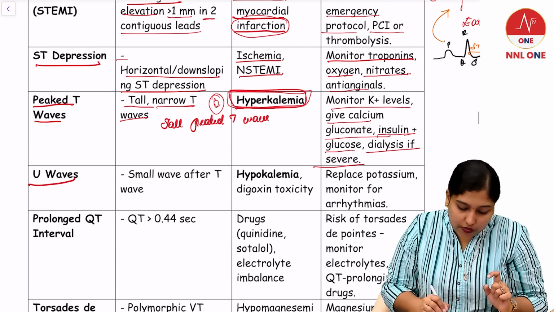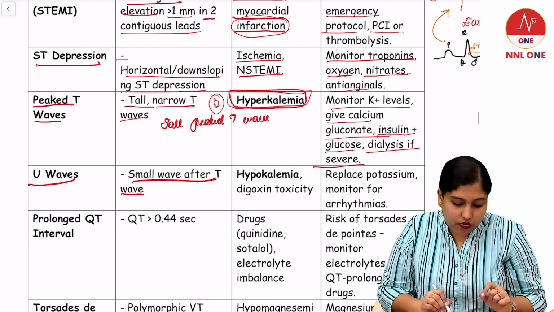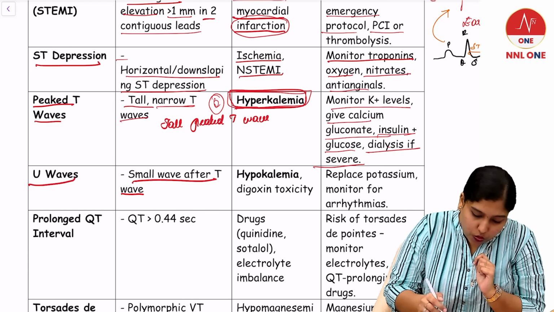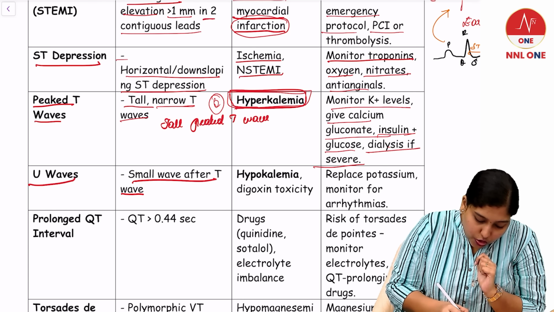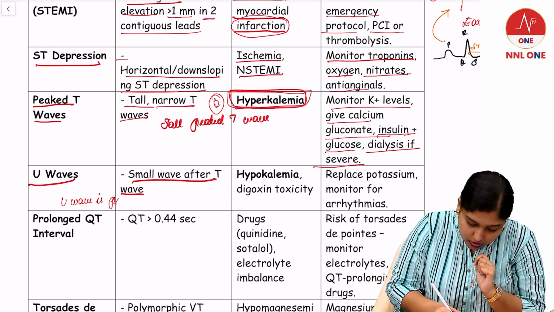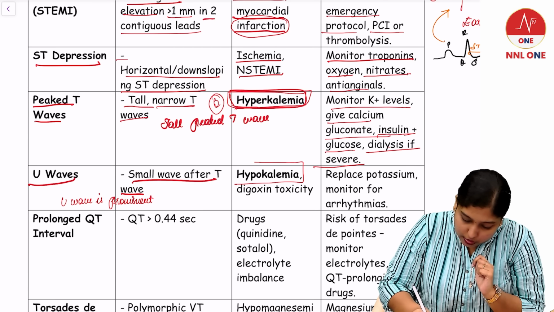Next, we have the U wave, a small wave after the T wave. The U wave is prominent in case of hypokalemia.